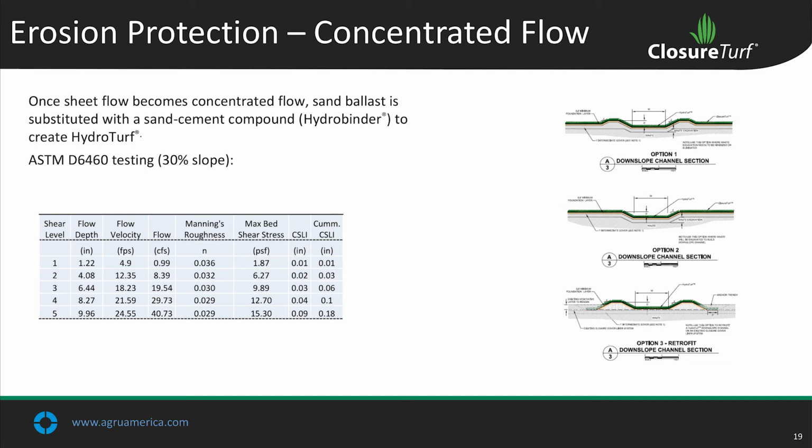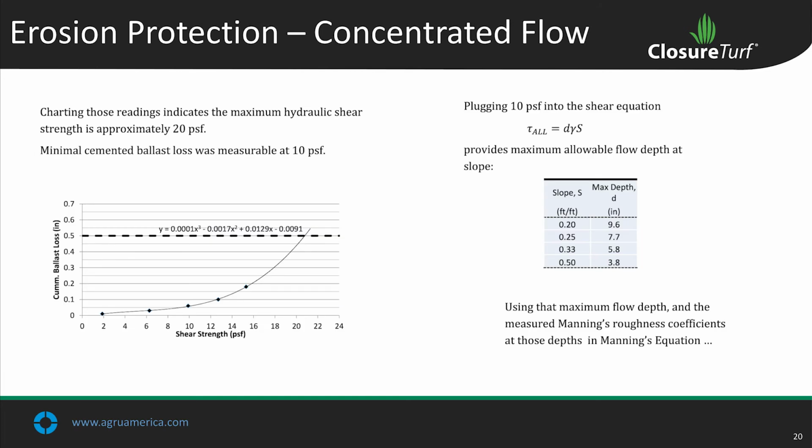This has been tested also at TRI in South Carolina with ASTM D6460. And at a 30% slope, they tested for these 5 shear levels, flow depths, flow velocities, total flow, and determined Manning's roughness coefficient, and then the max bed shear stress.